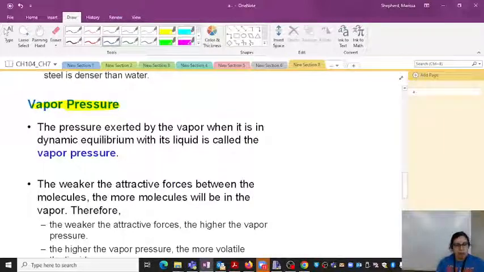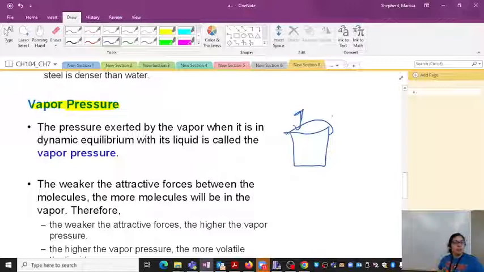All that means is you have your liquid and there's an equilibrium of molecules being deposited and molecules evaporating. You probably know this: if you have an open system of water, eventually it's going to evaporate, even though the room is not at its boiling point of 100 degrees Celsius. You're just losing some if you have an open system.